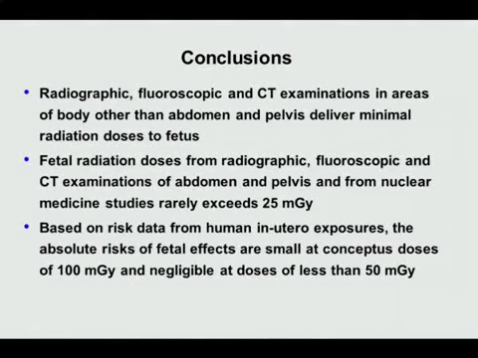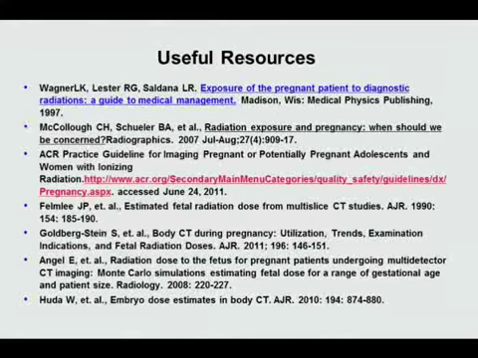Based on the risk data from human in utero exposure, the absolute risk of fetal effects is small at conceptual doses of 100 milligray and negligible at doses less than 50 milligray. These are some of the references which I highly recommend, which discuss in quite some detail these various aspects of fetal radiation dose effects.